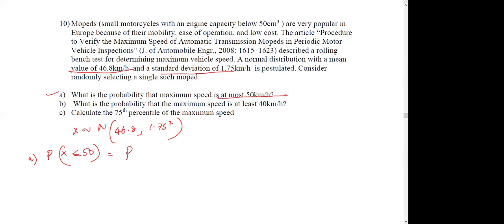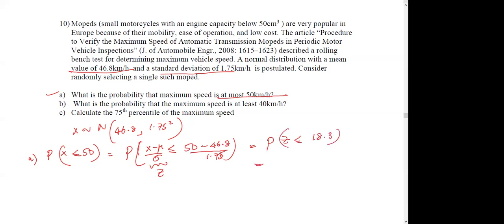So you can find the probability first. What you have to do is standardize this. So x less than or equal 50. You know how to standardize: x minus mu divided by sigma. Mu is 46.8 divided by sigma 1.75. This means probability of Z less than or equal 1.83.